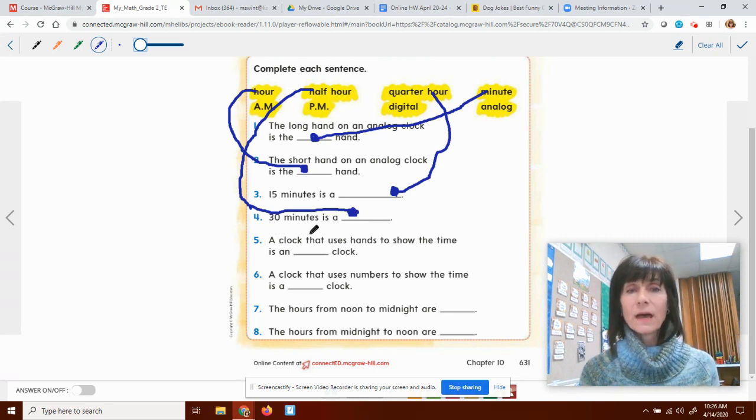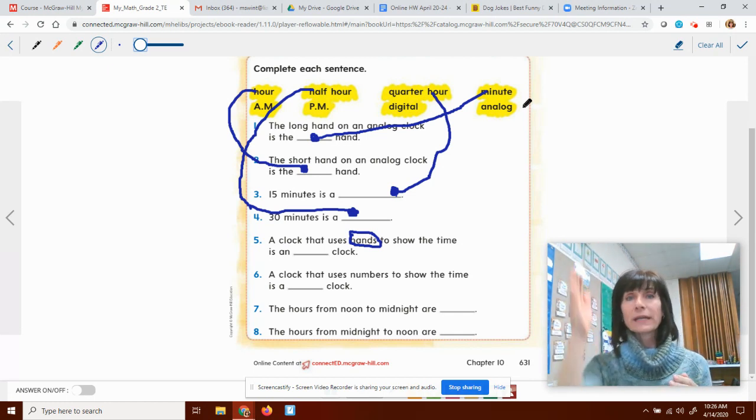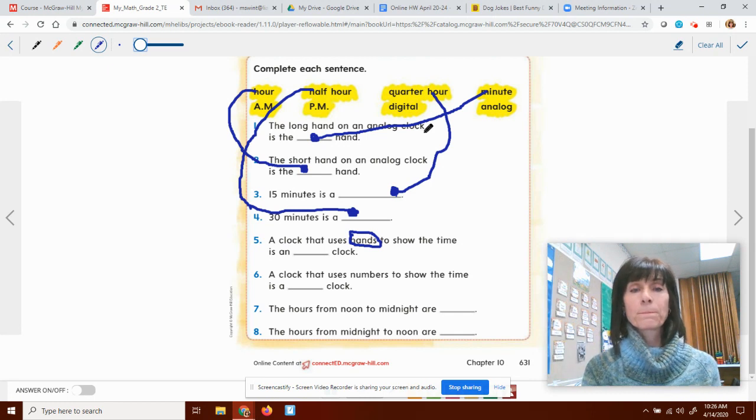Number 5, a clock that uses hands to show the time. This key word here is hands. Which one of my clocks, and I have a digital or an analog, which one of those uses the actual hands, the hour hand and the minute hand?